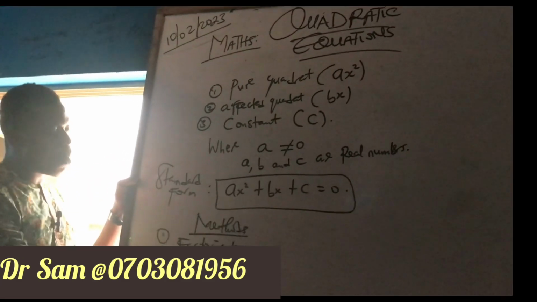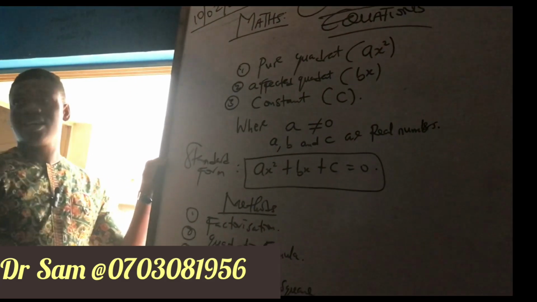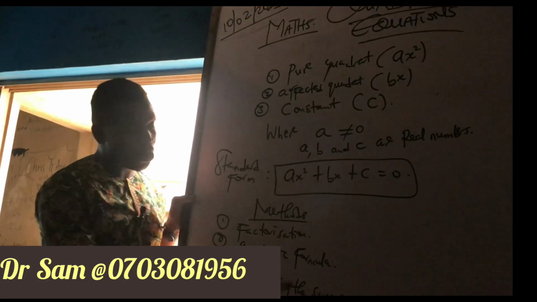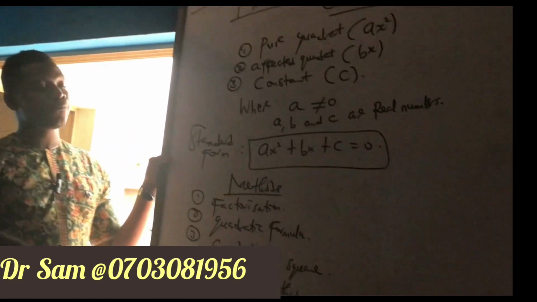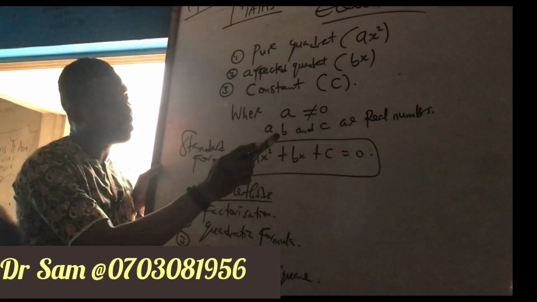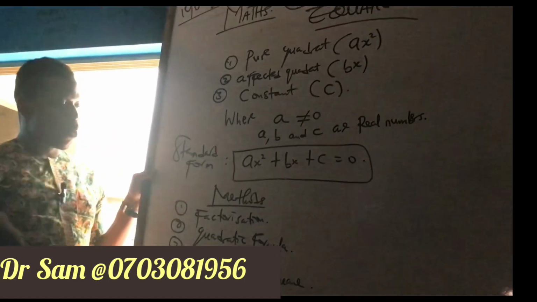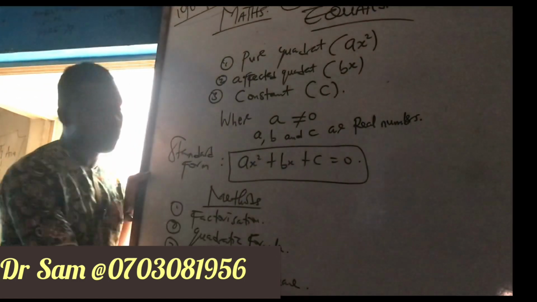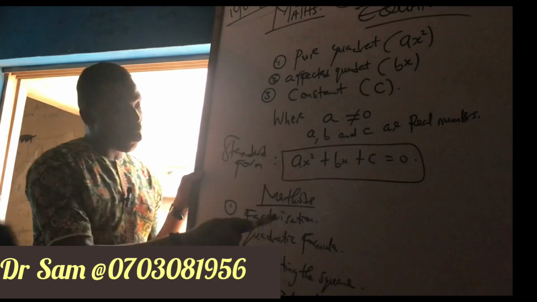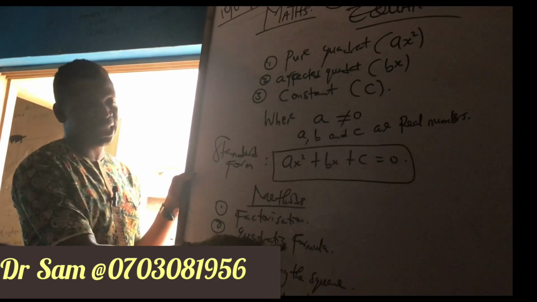To prove it, we'll be using the method of completing the square. So I'm going to apply the method of completing the square here, then we will get the quadratic formula. In other words, the quadratic formula and completing the square work hand in hand.